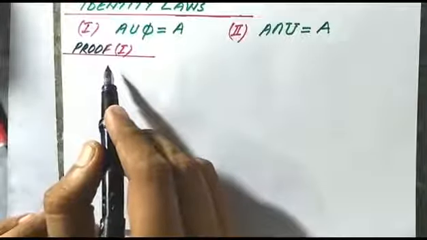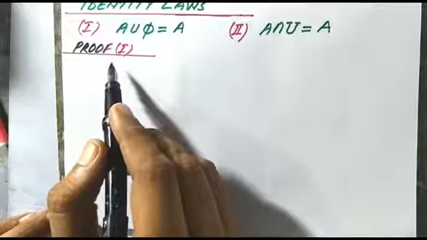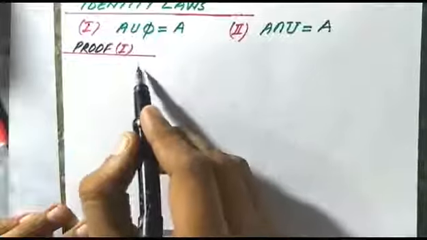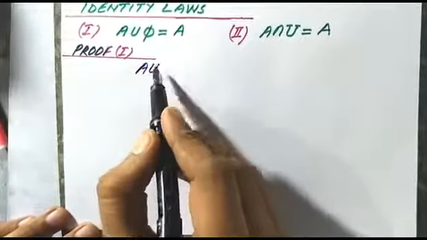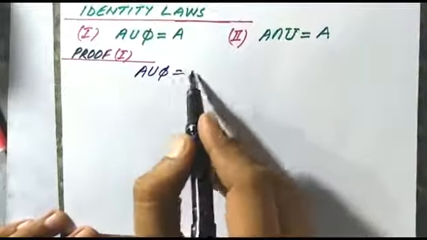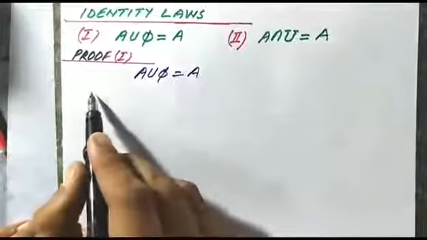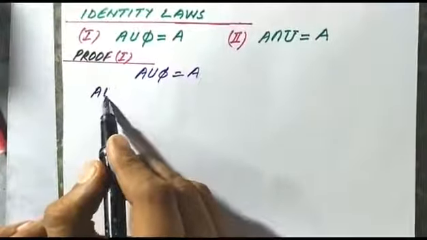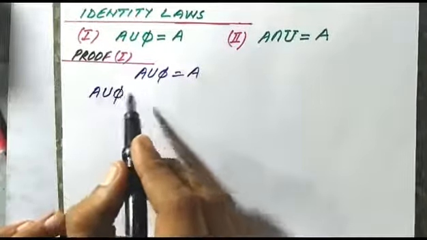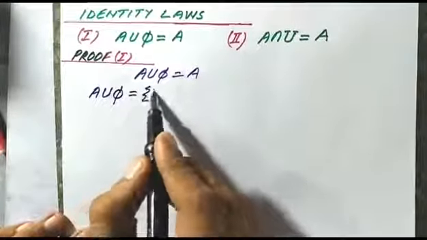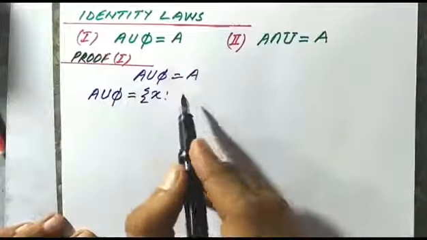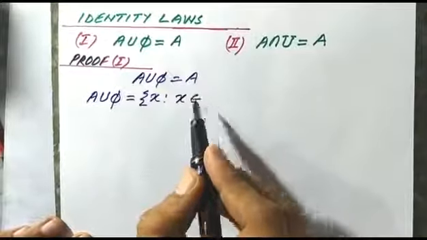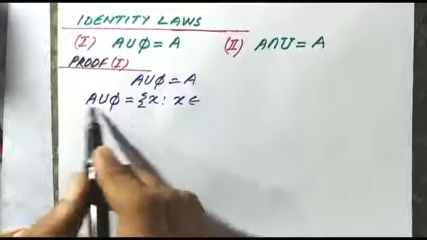Now we are going to prove the first identity law, that is A union phi is equal to A. So by definition, A union phi is a set of X such that X belongs to either of these two sets.